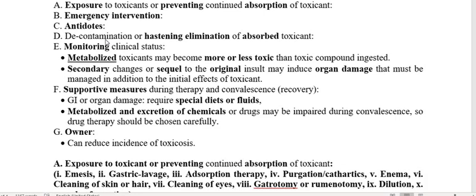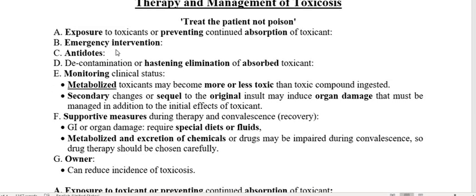If we are aware that this is toxicity because of a particular toxicant, then we are going to give a particular therapeutic agent, and that we call an antidote. So antidotal therapy came.